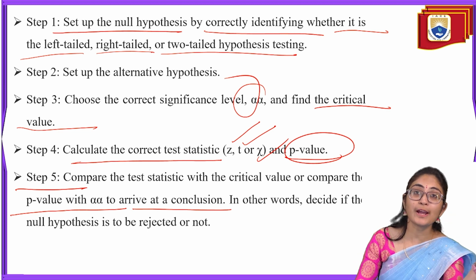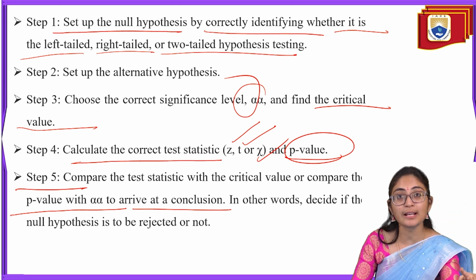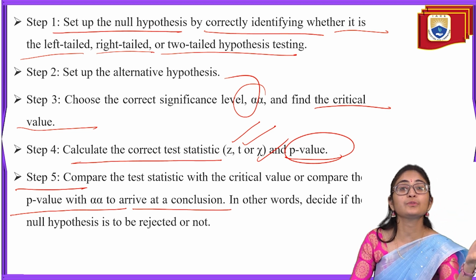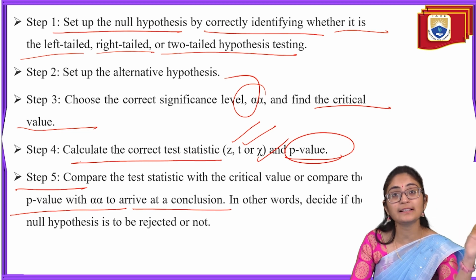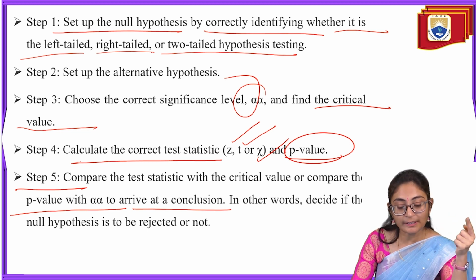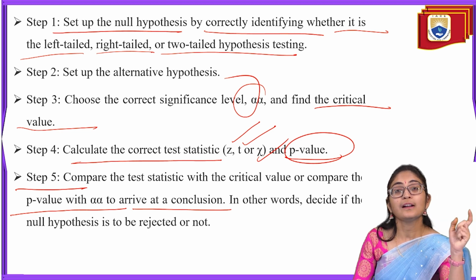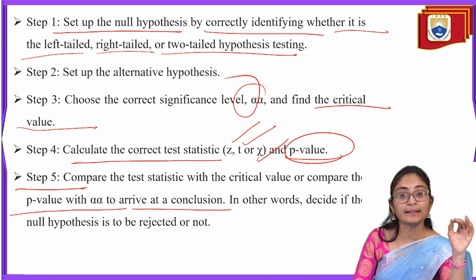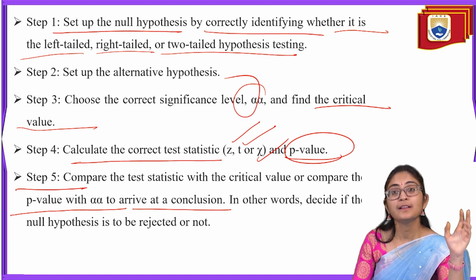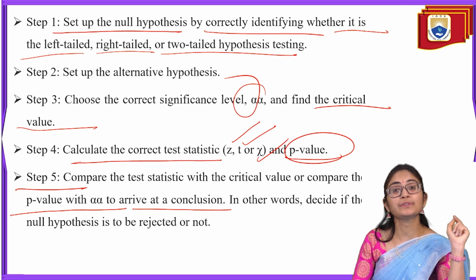That means first you have to set up your null hypothesis. After that, you decide whether your test is left-tailed, right-tailed or two-tailed. Then you set up the alternate hypothesis. Then you choose the correct significance level and find the critical value.